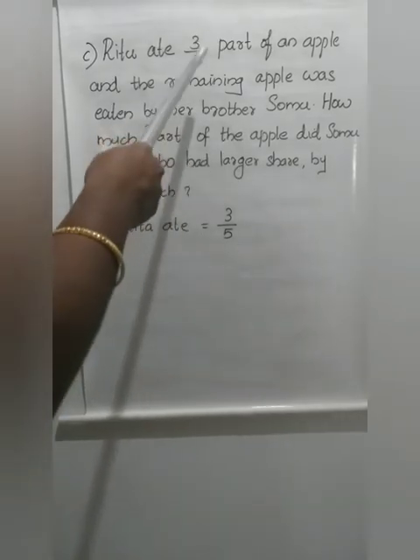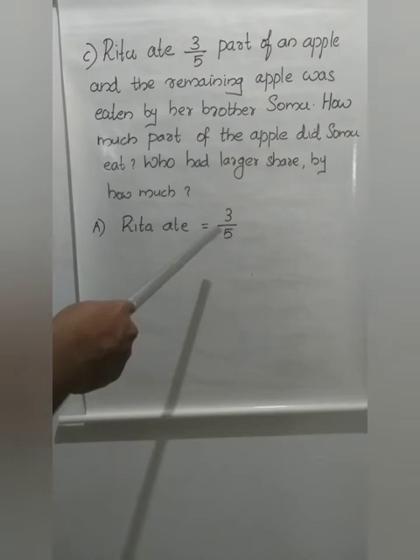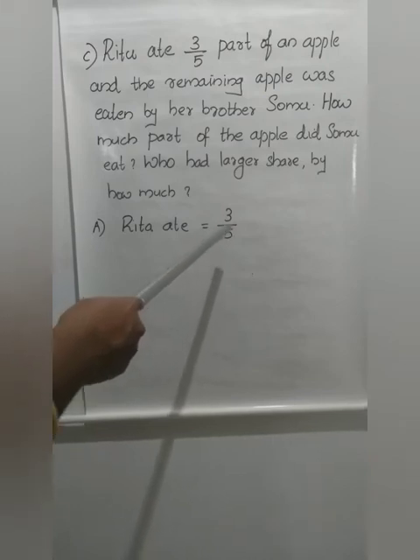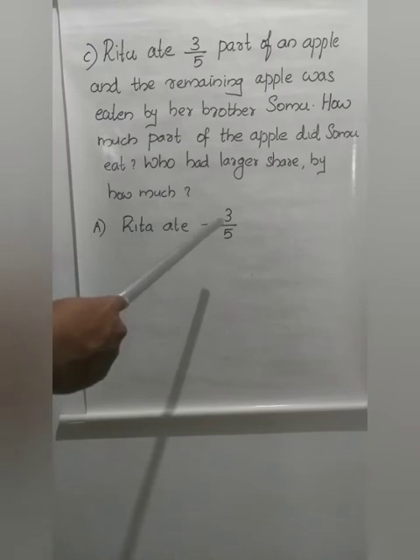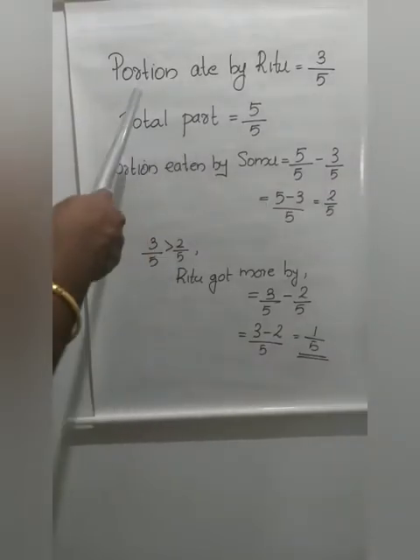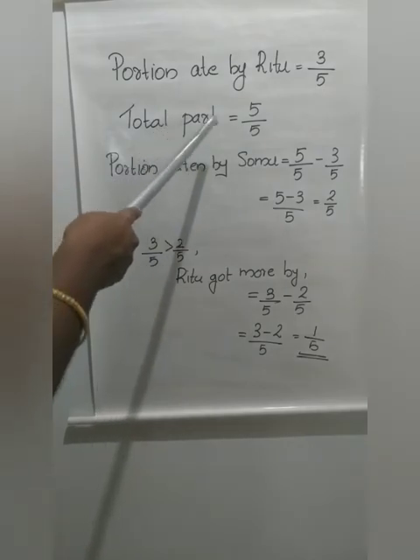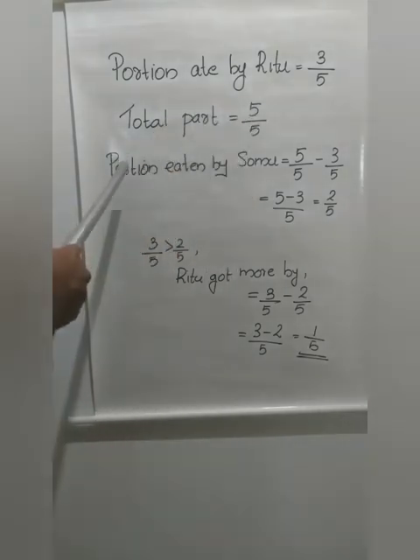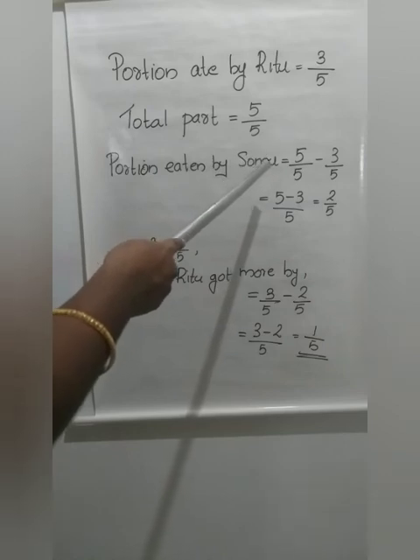So the total apple was divided into 5 parts, and out of 5 parts, 3 parts Ritu ate. So you can easily find out how much portion Somu ate. The portion eaten by Ritu is 3/5 and the total is 5/5.